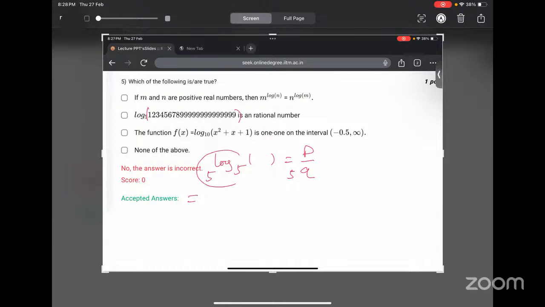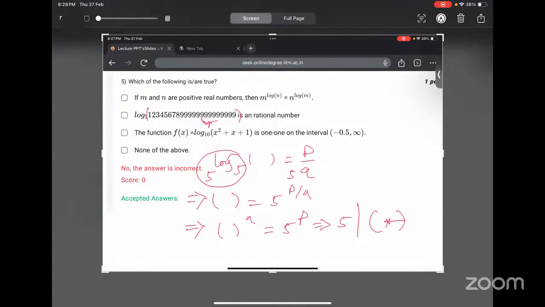Then this will be 1. So we will get this number is equals to 5 power p by q. That will imply this number power q is equals to 5 power p, right? That means 5 should divide this number, right? It will imply 5 should divide this number, right? This number star, suppose.